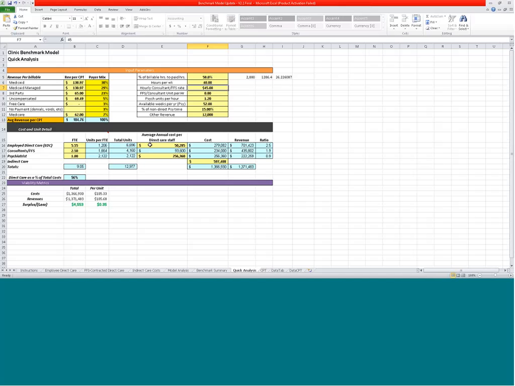This is the cost of somebody's salary plus their indirect cost, their health benefits, etc. So then what this shows is a cost, which is these 5 people times their cost, and the revenue, which is the total units times this average revenue for CPT.